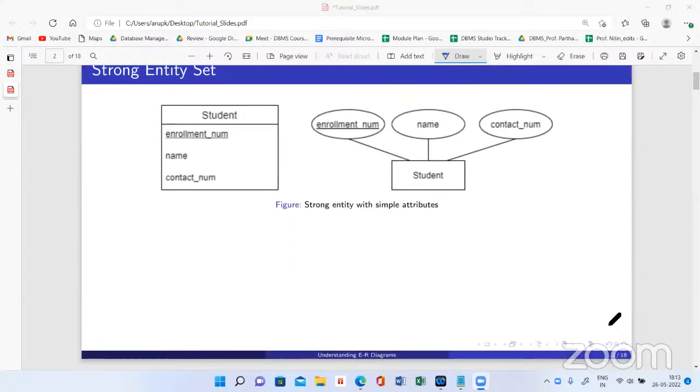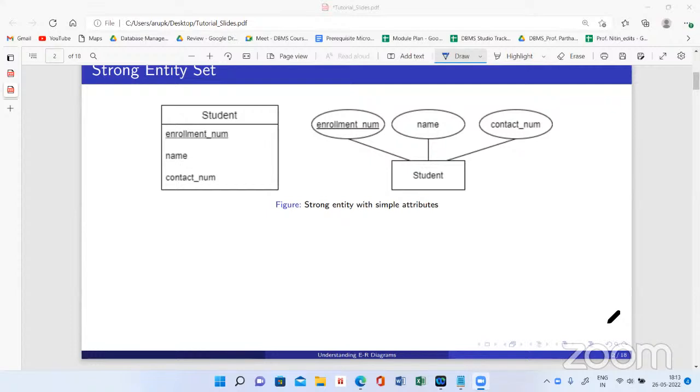First, we have something called a strong entity set. Remember, an entity set could be of two kinds, a strong or a weak entity set. Normally an entity set whose entities are distinguishable from others is called a strong entity set. Like you are a student, and a student is a strong entity set because you are distinguishable by the roll number given.